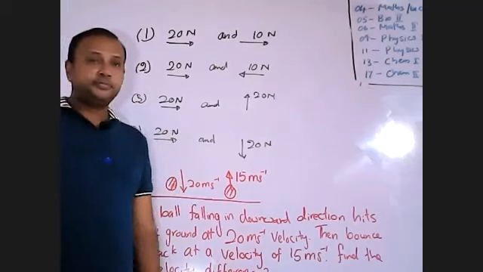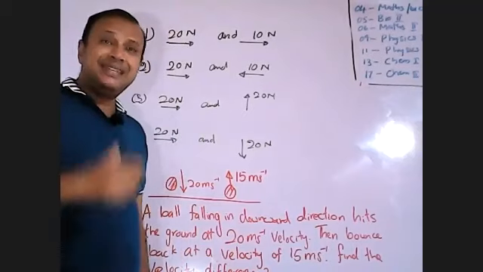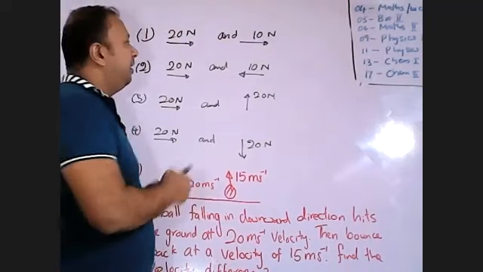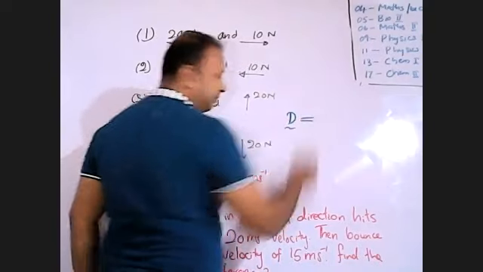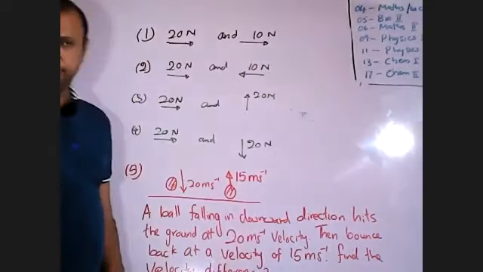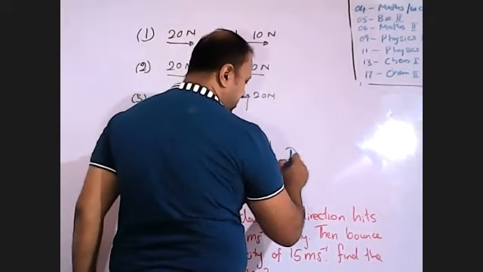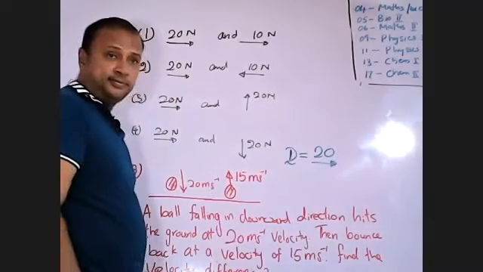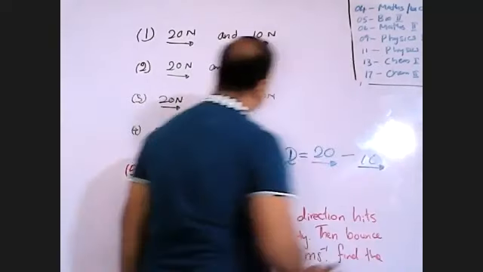All right, look at this. Now I have to find the difference vector, or the subtraction between these two. The difference vector is equal to 20 Newton in this direction minus 10 Newton in this direction.